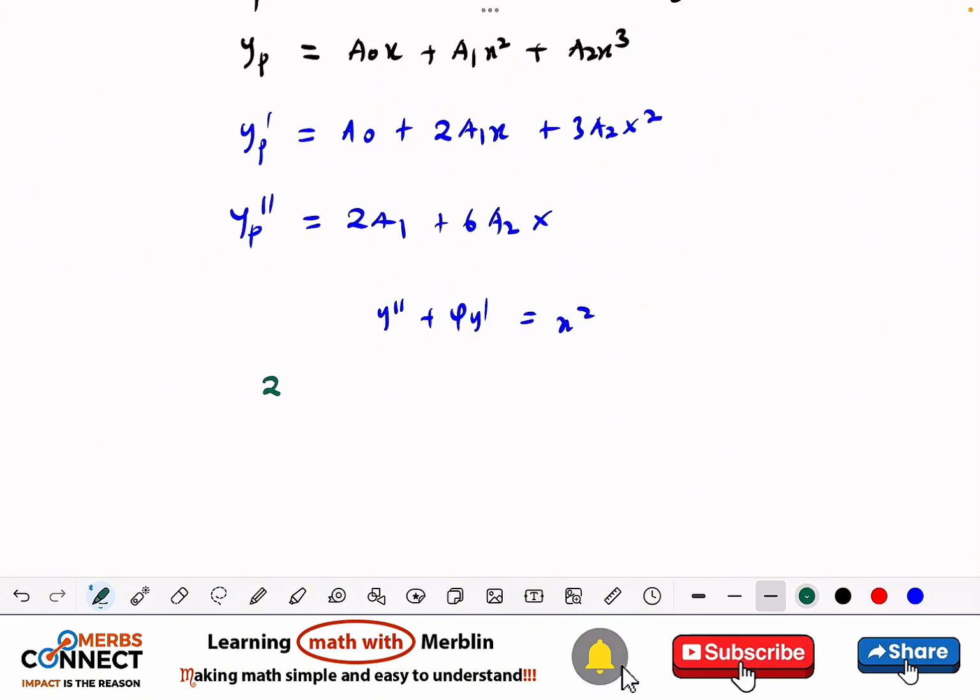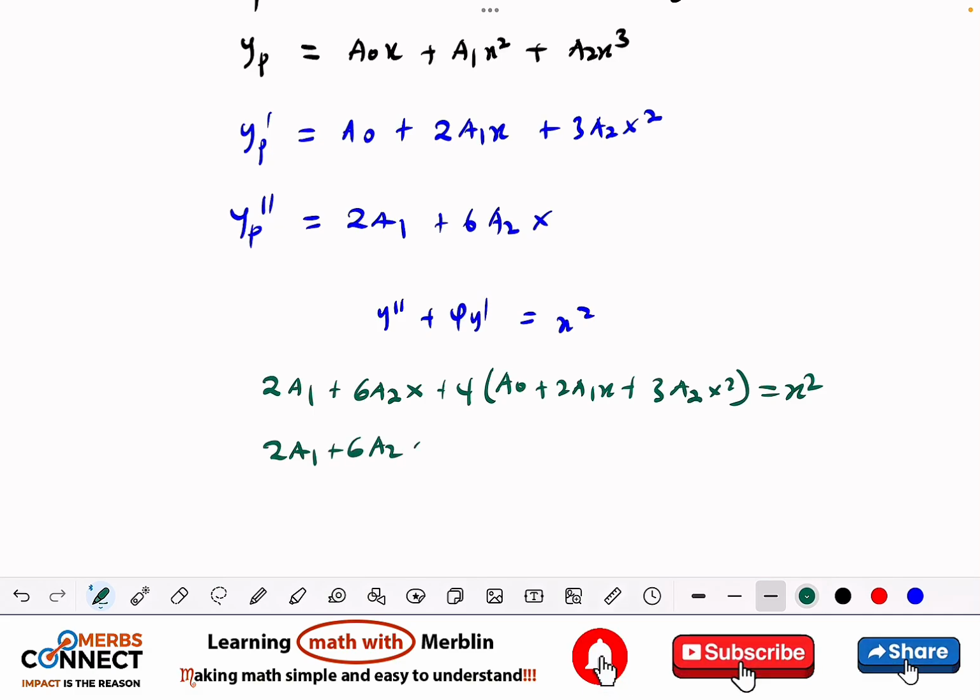So we have 2a1 plus 6a2x plus 4 times y prime, which is a0 plus 2a1x plus 3a2x squared, which is equal to x squared. So 2a1 plus 6a2x plus multiply through by 4, 8a1x plus 12a2x squared is equal to x squared.